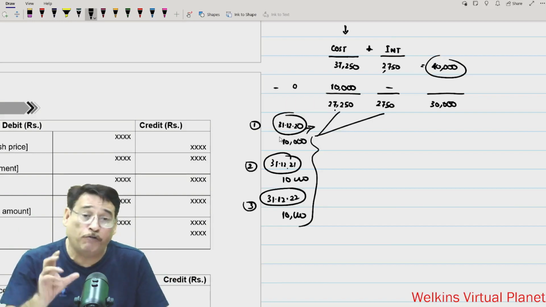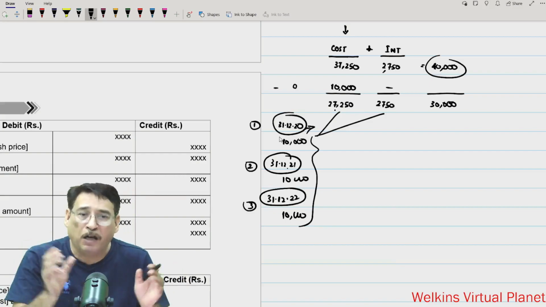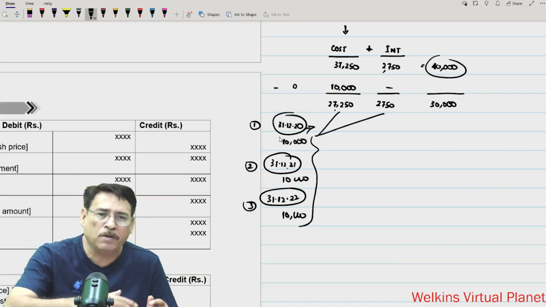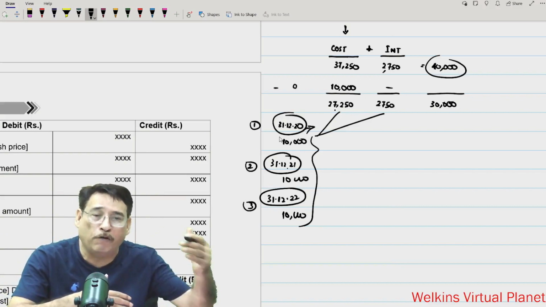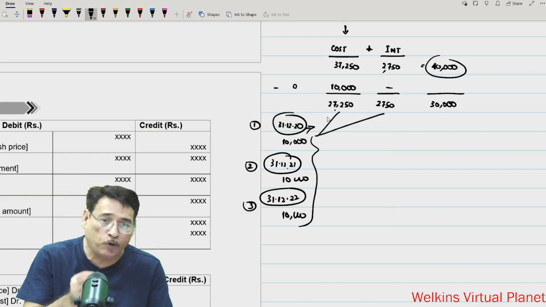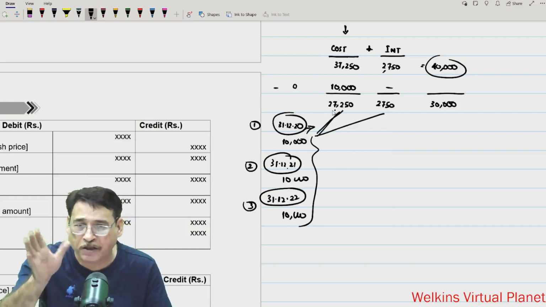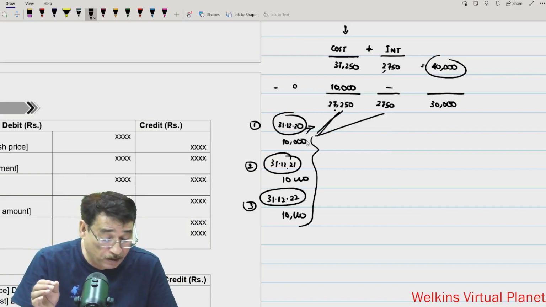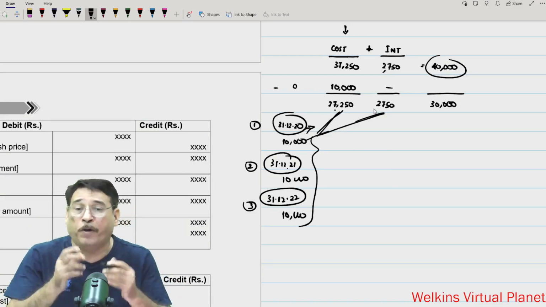Every installment you repay, you need to break into the portion you are paying for cost and the portion you are paying for interest. Out of 10,000, the portion paid against the cost is known as capital payment, and the portion paid for interest is a revenue payment.